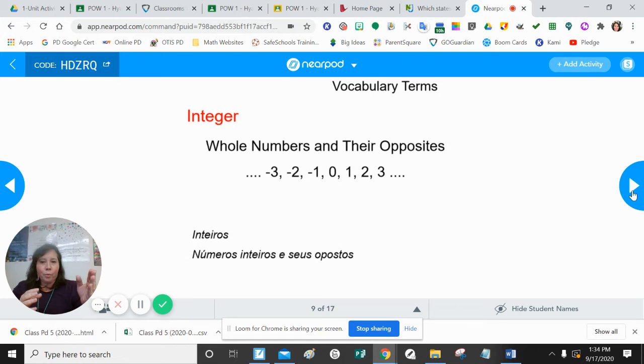Integers are my whole numbers, 0, 1, 2, 3, 4, and then all the opposite numbers, so the negative versions of these whole numbers. Negative 1, negative 2, negative 3, negative 4. Your integers are always going to be your whole numbers. So when I talk about integers in class, I'm including 0, I'm including 1, negative 1,000,000, positive 500, but I'm not talking about fractions or decimals.